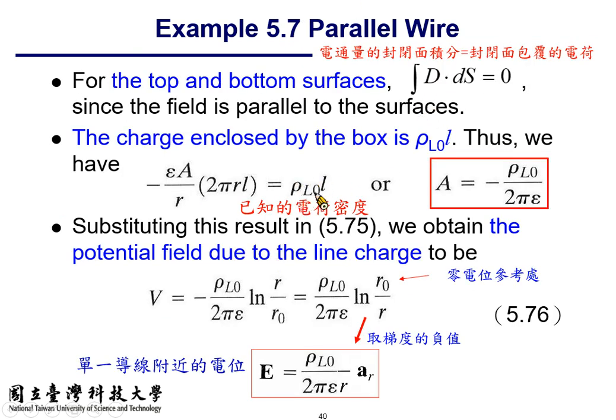Rho times L equals E times the cylindrical surface area, 2 pi r L. So you can end up with A. That will be the solution for A. Next, you can put A back into the expressions for voltage and electrical field intensity. And now you can verify that the gradient of V equals minus E, like this. Okay, we'll continue next week.